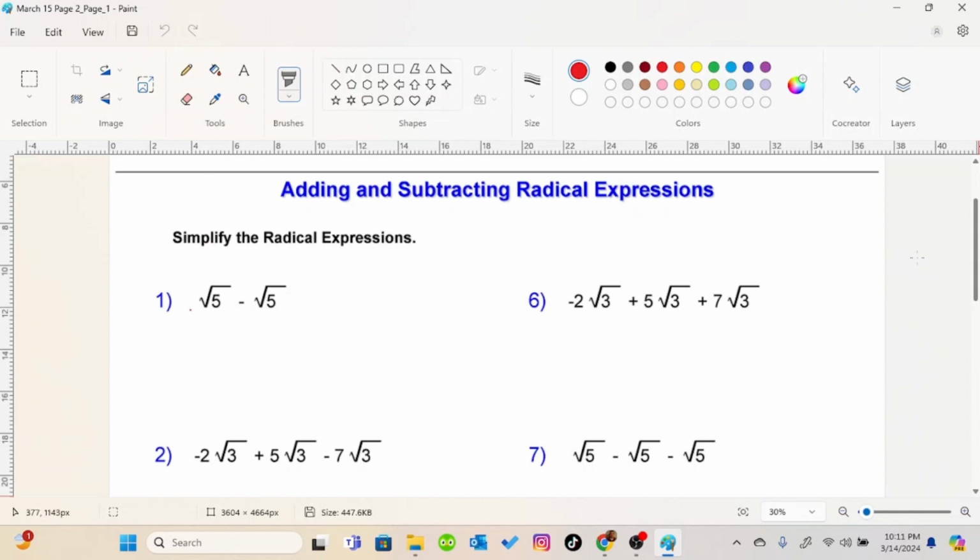So number 1, we have square root of 5 minus square root of 5. The radicals are the same, so this is 1 minus 1, which equals 0. And that makes sense because anything minus itself equals 0.